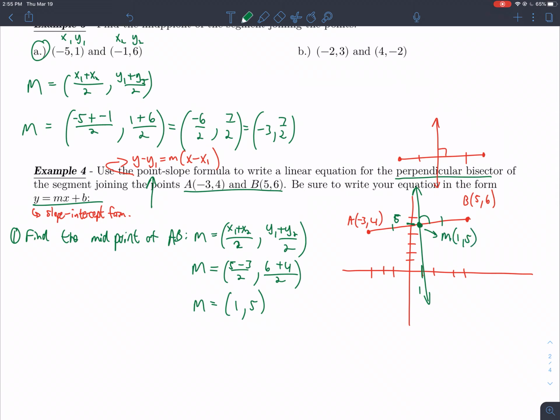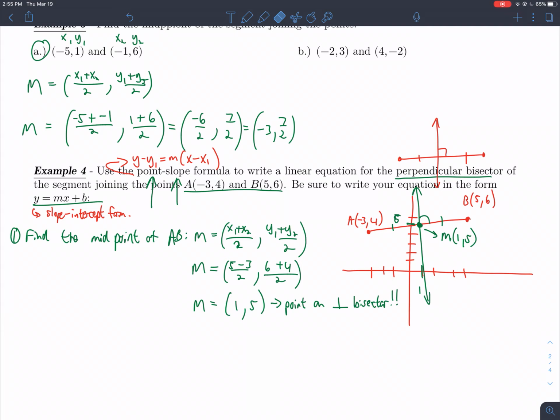Okay, so now I have a point. This is a point on the perpendicular bisector. Good, that's a good start. I have a point. Now I need a slope. To find a slope, I need at least 2 points on a line or a segment. I don't have 2 points on the perpendicular bisector. I only have the 1 point we just found.